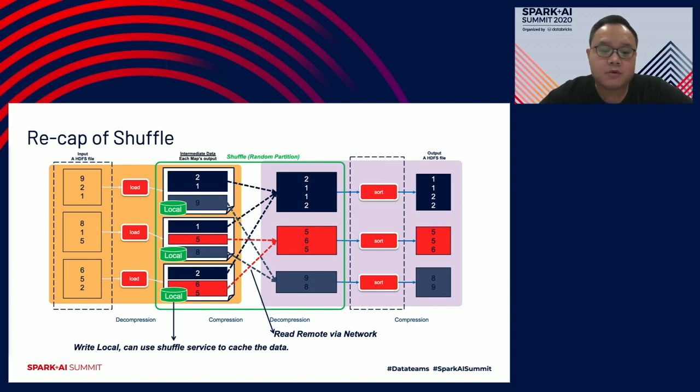The reducer then will fetch the data, do the sort, and write to the final output. From this process, what we can see is point-to-point network connections, a lot of disk I/O, and a lot of network I/O. This could be a real problem in a large-scale production cluster.